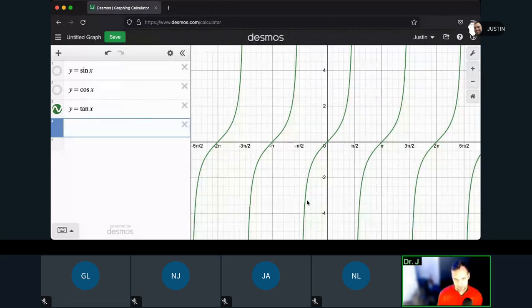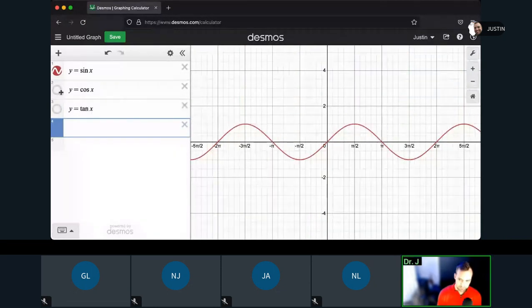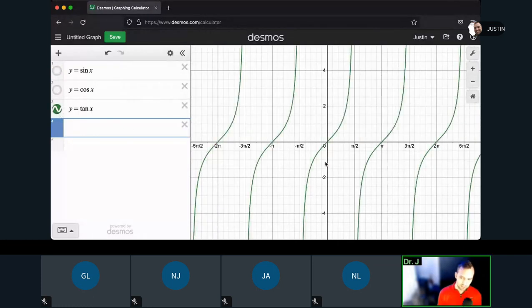A full rotation would be 360 degrees. To do a full cycle, you only need half a rotation. For sine and cosine, you need a full rotation to complete a full cycle. So for tangent of x, you only need half a rotation to complete a full cycle, and that's your period. Hopefully that helps explain. Sorry, I didn't make that clear earlier.